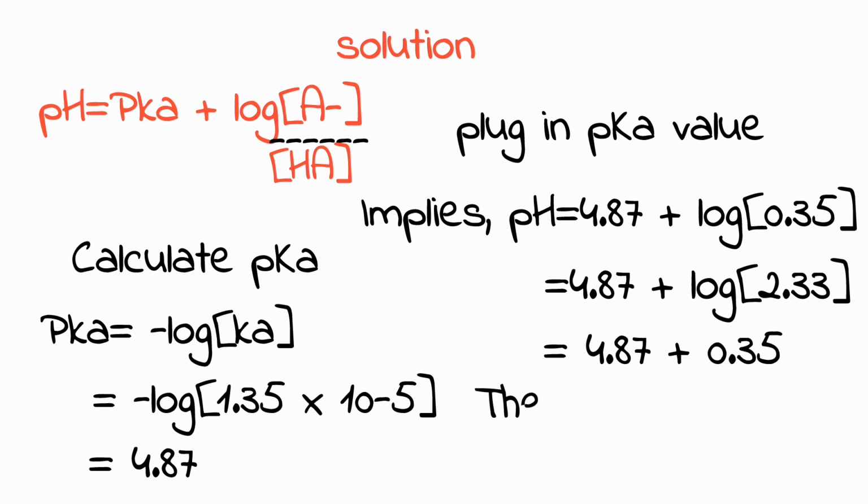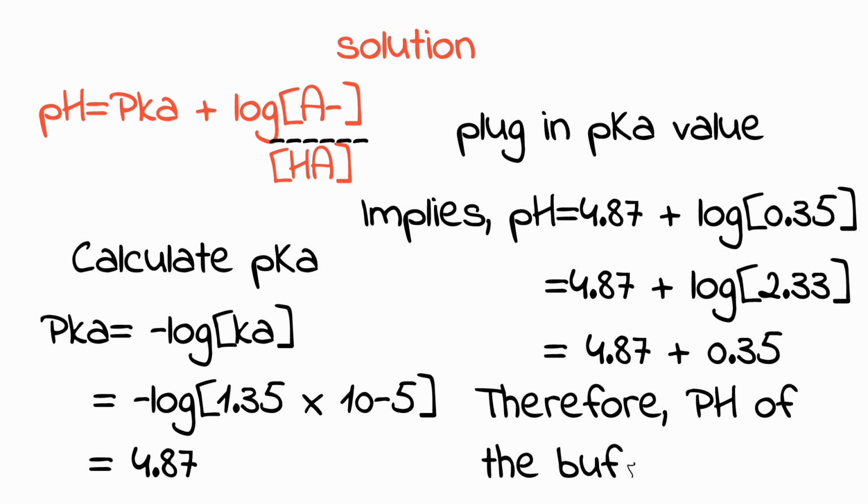When we sum that, it's going to imply therefore that the pH of the buffer solution we have just calculated is approximately equal to 5.24, and that is our answer.